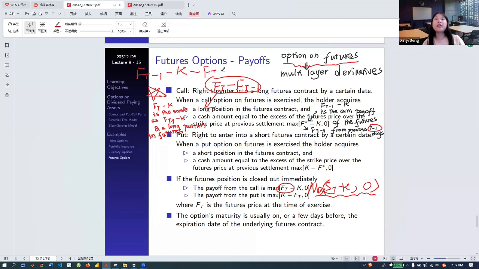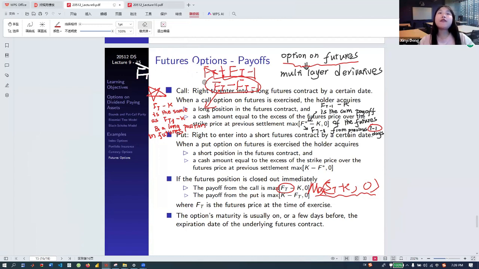If you do the calculation, you'll find that the difference between a long position in the futures contract and the payoff from the call would be F_{T-1} minus K: the previous settlement price, F_{T-1}, minus the exercise price K. That's the meaning of the first bullet point.